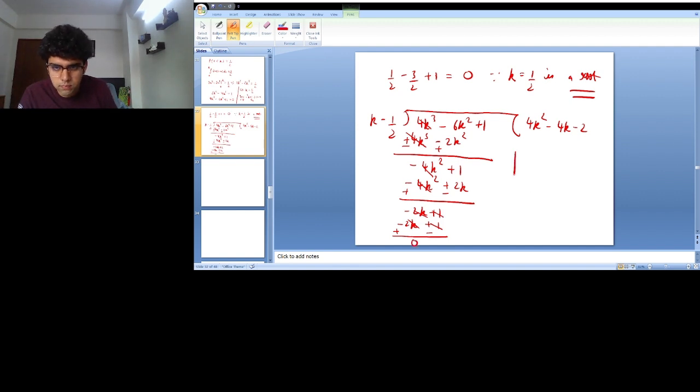So my other two roots I'll be getting from this expression, right? So this becomes k square minus k minus 2 is equal to 0.